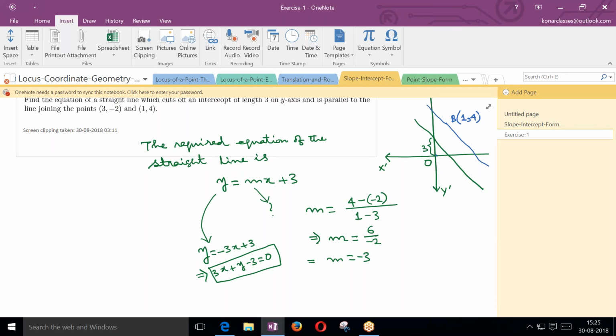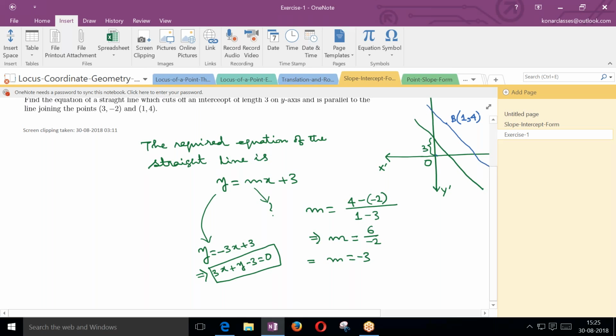With one piece of information, we cannot find the equation of a straight line in 2 dimensions. As we are discussing 2-dimensional coordinate geometry, to form the equation of a straight line, 2 conditions or 2 pieces of information have to be given.